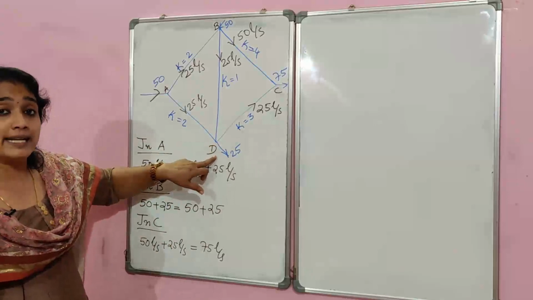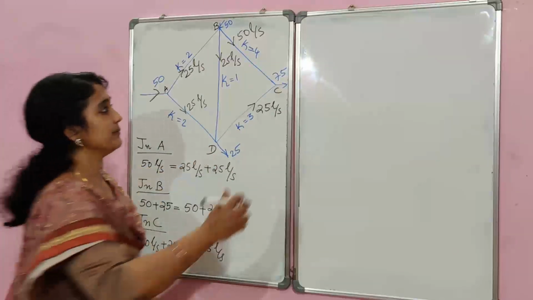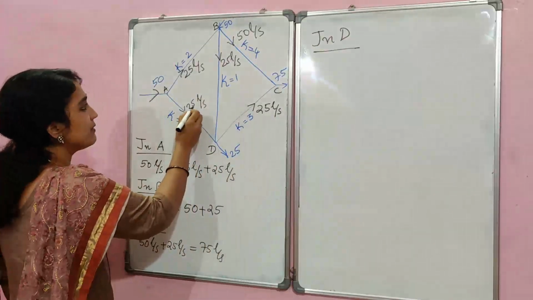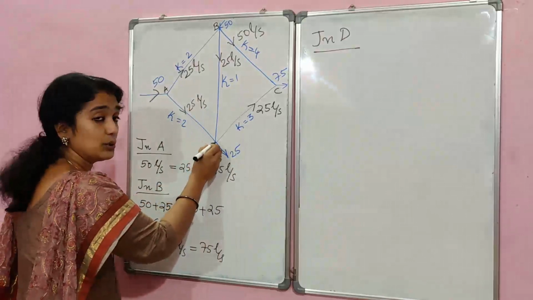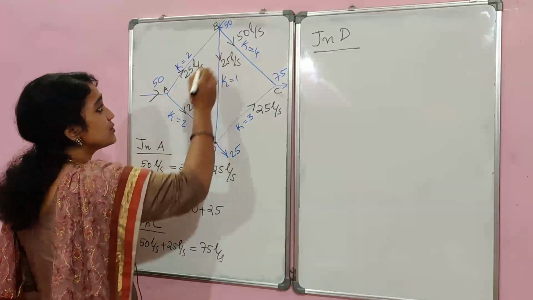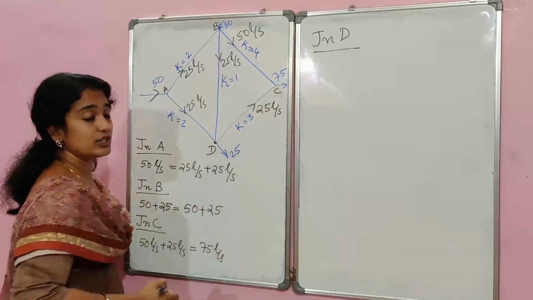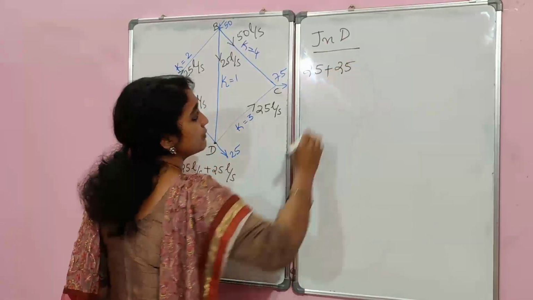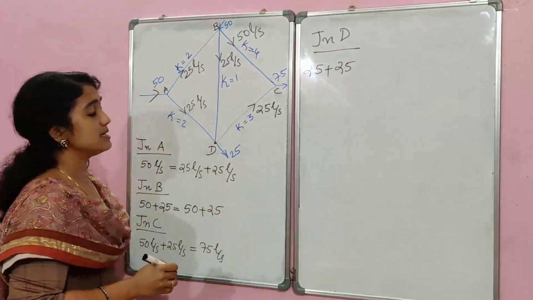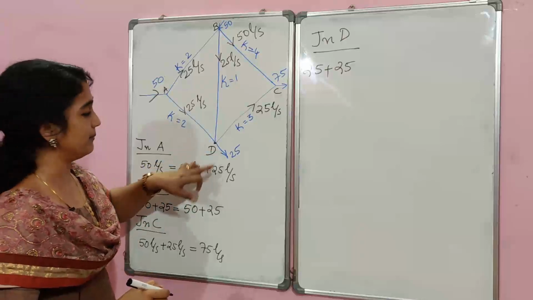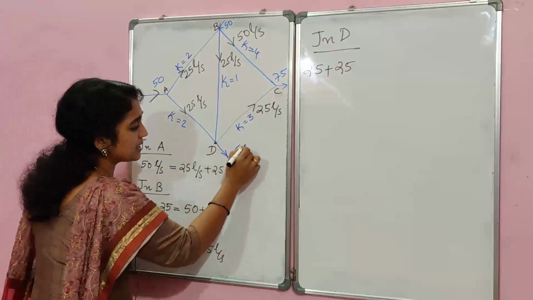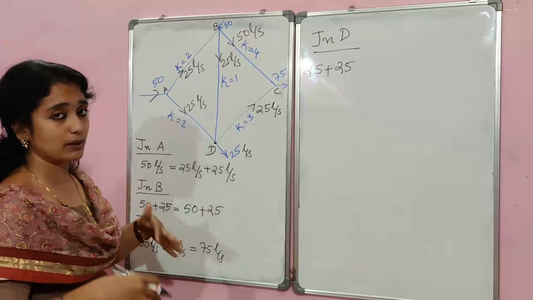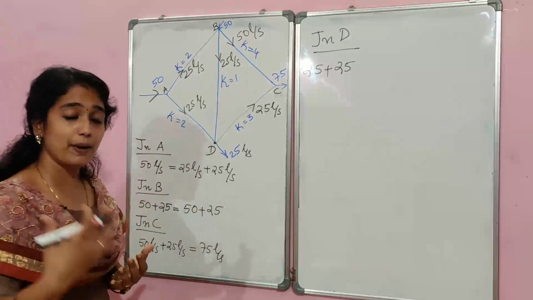Then the next junction, that is junction D. For junction D, 25 liters per second is coming into junction D, and these other 25 liters are also coming into junction D. So a total discharge of 25 plus 25 is coming into junction D. Here 25 liters per second is leaving externally, that is, outside the network through some other pipelines or some other pipe network.